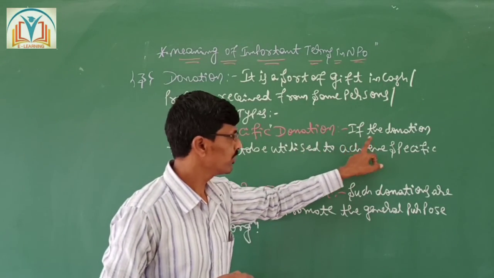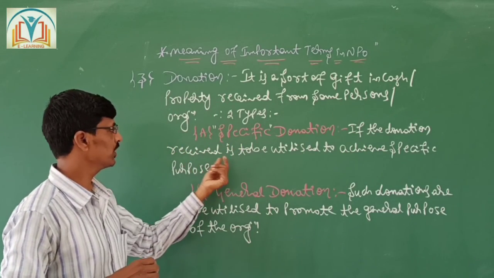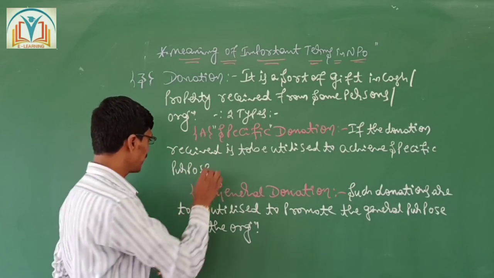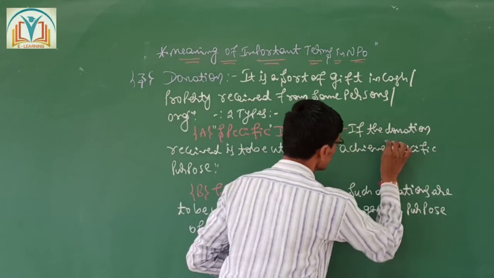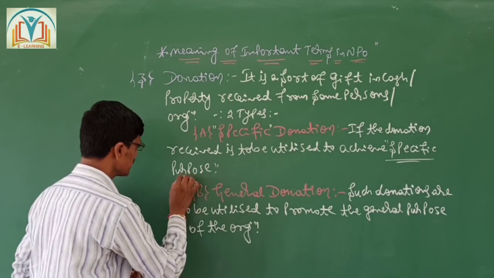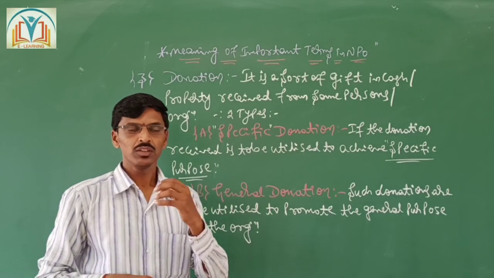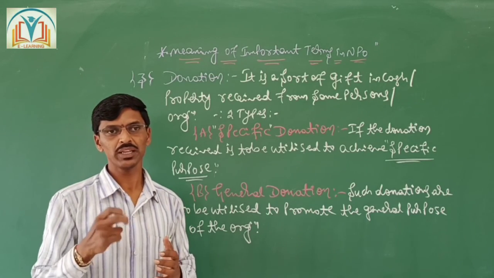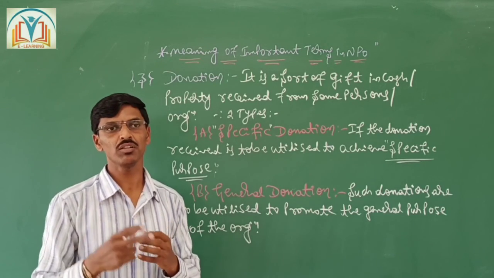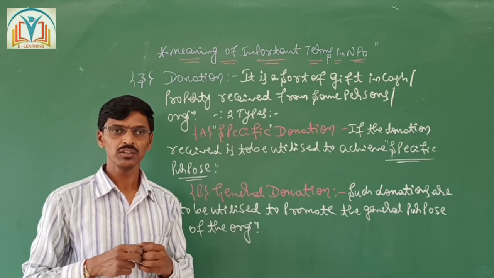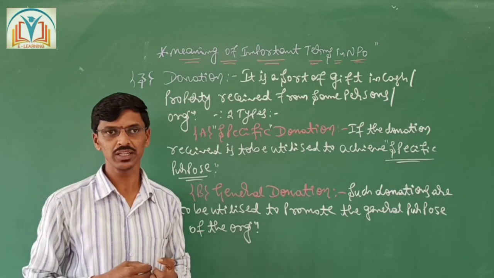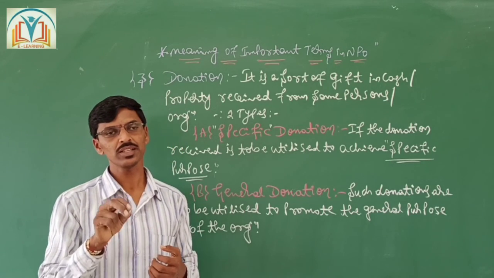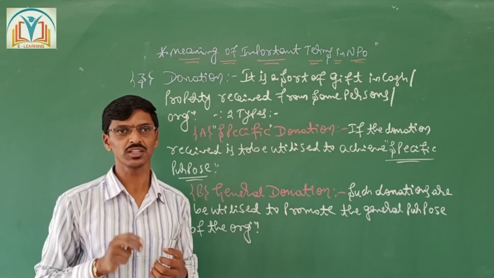If the donation received is to be utilized for a specific purpose, that is called a specific donation. For example, an amount received as a cash donation for extension of a computer lab or renovation of a building. If there is any such purpose, that is a specific donation.